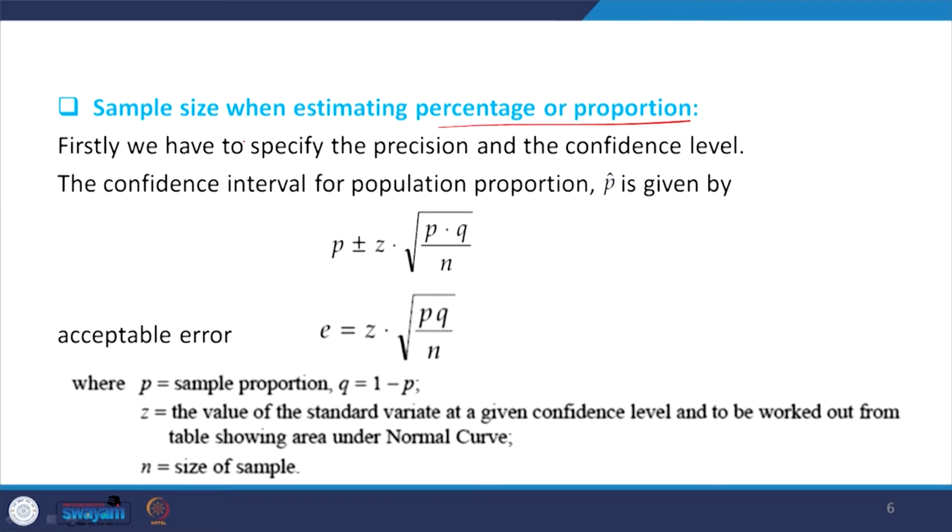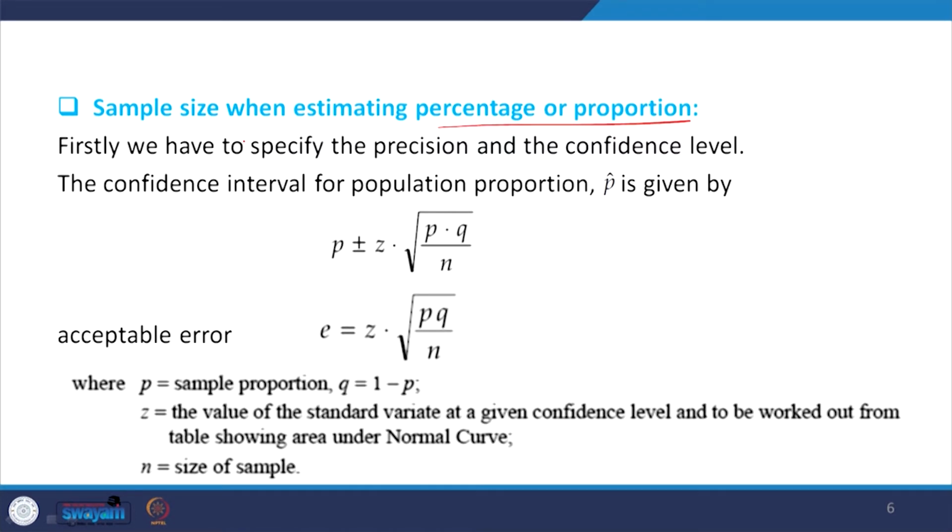Now, for example, if the population information is not given, and only the probability of success and failure is given, firstly, you have to specify the precision and confidence level in this context. The confidence interval for the population proportion is denoted by p hat, where p hat is the sample mean and p is the population average probability of success, and p times q.